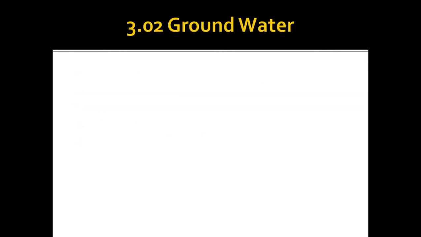Now, I'm going to give you a very brief introduction to groundwater. Remember that because of time, you only have to complete the evaluation for topic 3.01. Now 3.02 will be just a small introduction, so let's go pretty quick over that. Groundwater is water that is underground. We have something called infiltration that I told you about before.